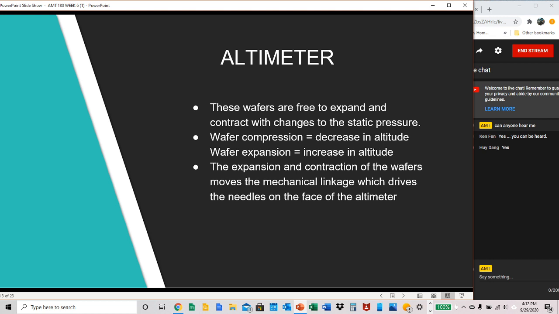If we have wafer compression, then we will see a decrease in altitude if operating correctly. Wafer expansion will make an increase in altitude in your instrument. The expansion and contraction of the wafers moves the mechanical linkage which drives the needles on the face of the altimeter.